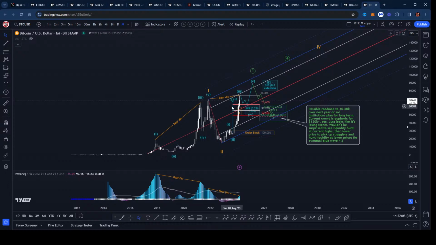There's no one up here to buy it from, especially at the size we're talking about. Okay, they're mining it, but that's why we have to come back down. They need liquidity. They need sellers. Where are the sellers? Below the market. Up here, who are they going to sell it to? Who are they going to buy it from? No one. So that has to come back down.